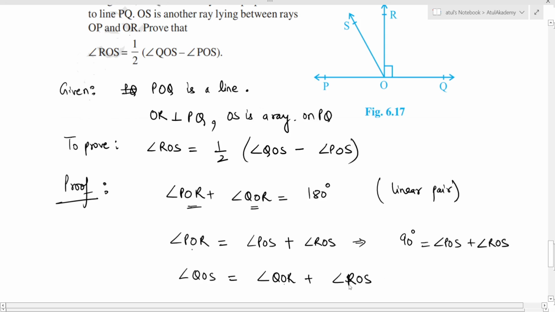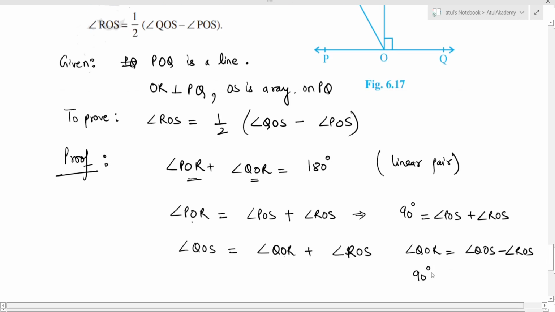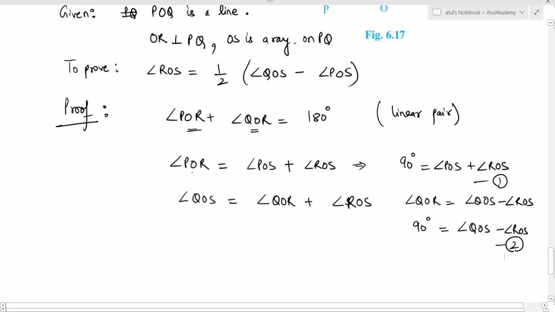Here, let me reshuffle it. So I will have first QOR is equal to QOS minus ROS. But this QOR is also 90 degrees, so 90 is QOS minus ROS. So that's my first equation. That's my second. I can equate them because both of them are 90.